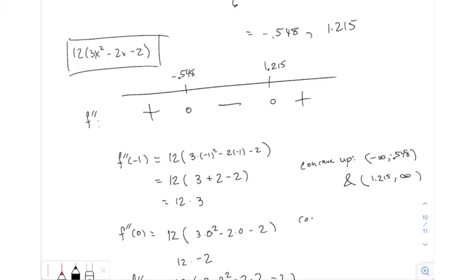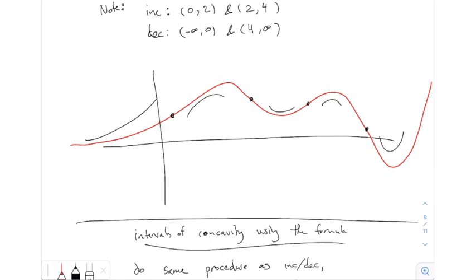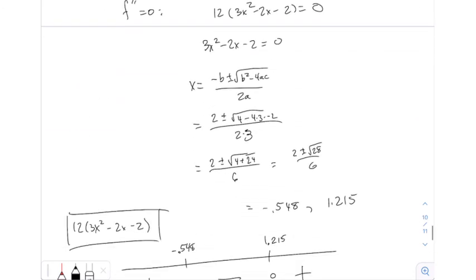And it's concave down... oh, come on, buddy. Concave down on the one in the middle, right? Minus 0.548 to 1.215. Ah! I hit my page up button. There you go. This is my final answer based on the chart there.